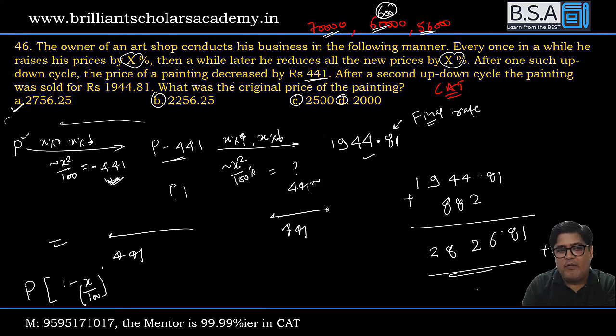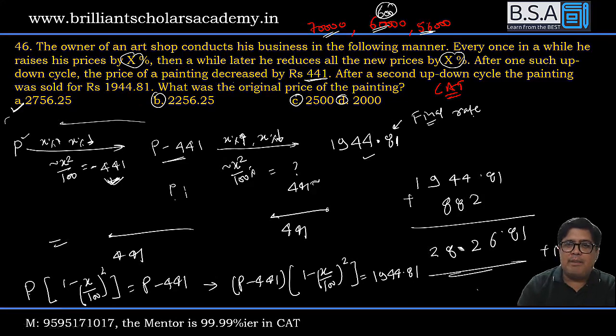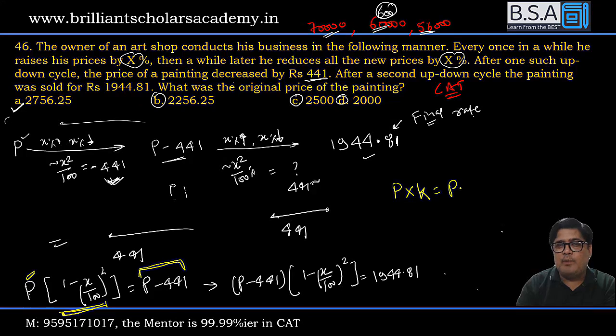Do you remember ये equation I have formed for you earlier? अब जो मैं करने जा रहा हूं ना गाइज, थोड़ा सा अपना पेन छोड़ दो, pay attention to the screen. Whatever this price, whatever this amount is, it is a multiple of P. इसको मैं K बुलाता हूँ. So P into K is equal to P minus 441.